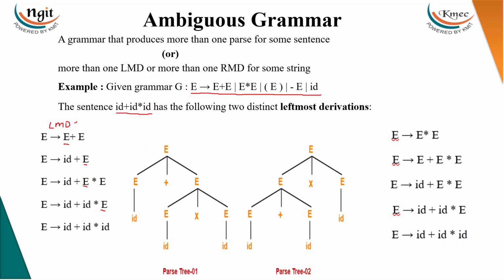If I give two different leftmost derivations for the same string, or simply two different parse trees, then I can say that the grammar is ambiguous.